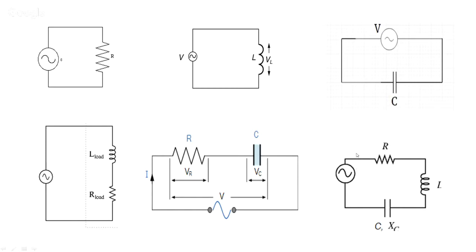And here, all three elements, that is resistance, inductance and capacitance, can be present in the circuit. So this can be referred to as an RL circuit. This is referred to as an RC circuit. And this is an RLC circuit. Whereas this is a pure resistive circuit, this is a pure inductive circuit, and this is a pure capacitive circuit. So all of them shown here are working on single phase supply.